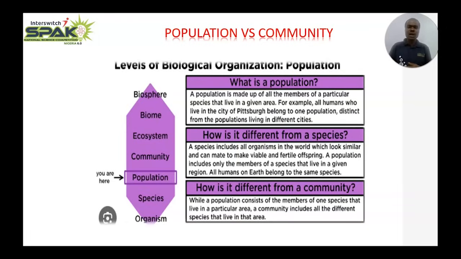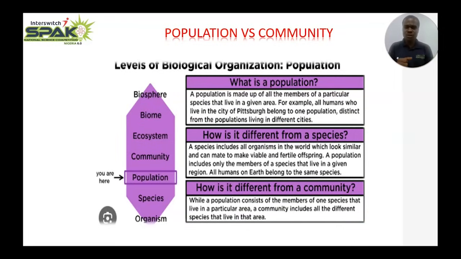Now, how is a population different from a species? A species includes all organisms in the world which look similar and can mate to make viable and fertile offspring. A population includes only the members of a species that live in a given region.